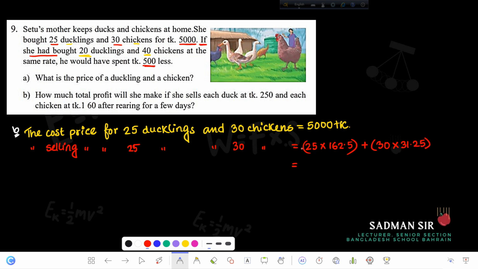So if we do this calculation, then what shall we get? 25 into 162.5 gives us 4062.5. Then we have to add 30 into 31.25, that gives us 937.5. So if we add them, then what shall we get?